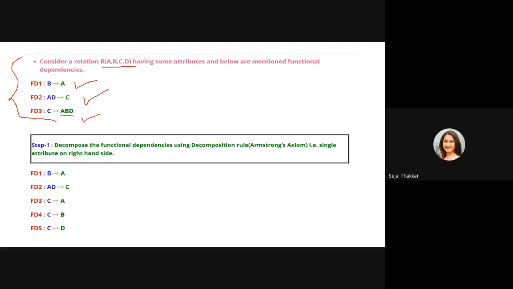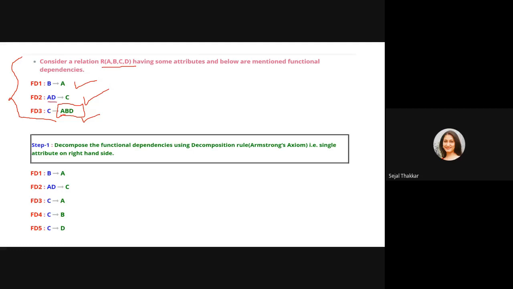You can see here there is a composite attribute ABD in FD3 on the right hand side, so we have to decompose it. I have not touched AD on the left hand side, it is as it is.